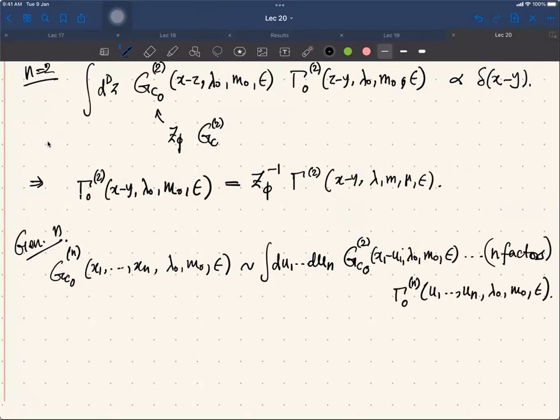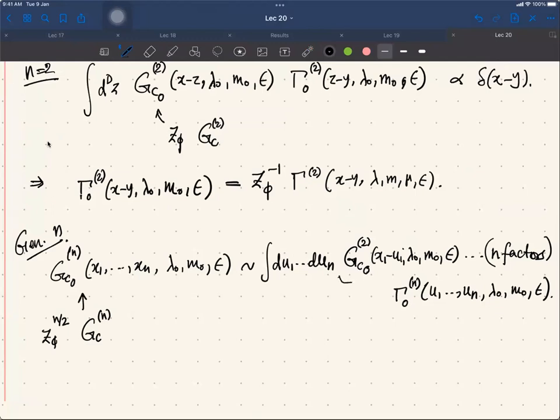Now we have found that this is the same as Z phi to the power n by 2 times the renormalized one, and these n factors will be given by Z phi to the power n times the renormalized Green's function.